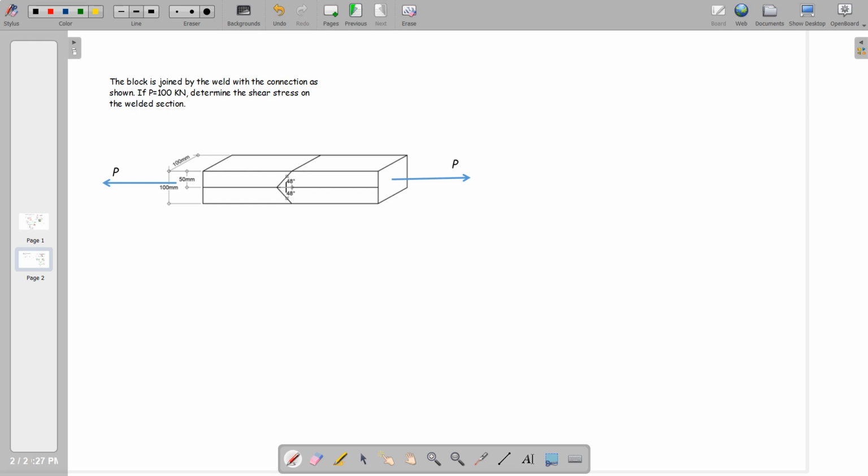Each of the diagonals is inclined at 48 degrees. So we're going to determine the shear stress on the welded section. Let us have the free body diagram first. Say here we'll just consider the cut portion, considering the left portion. And of course, on that left portion, there will be a tensile orientation.